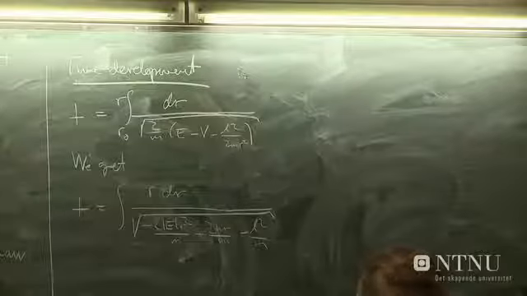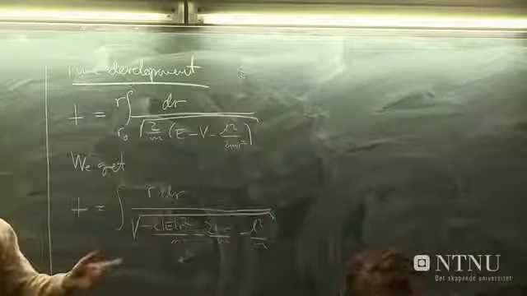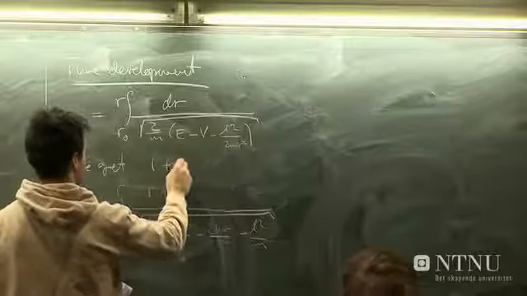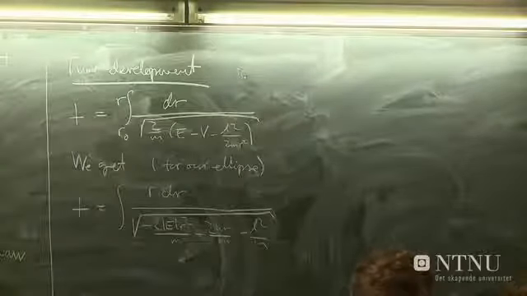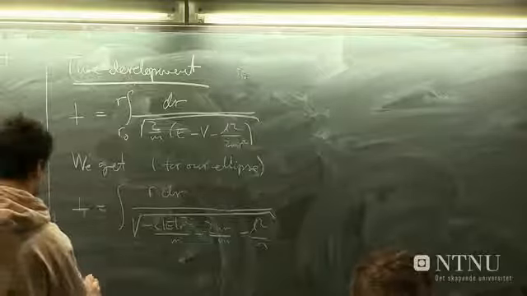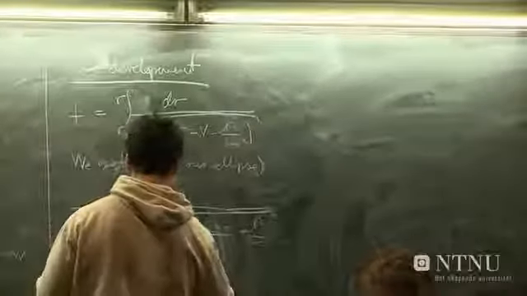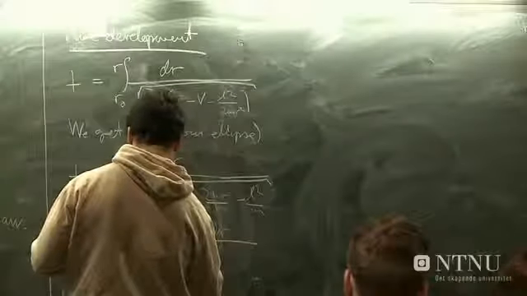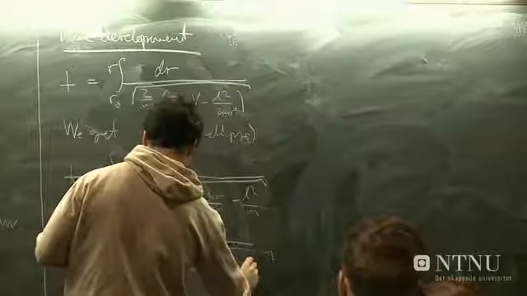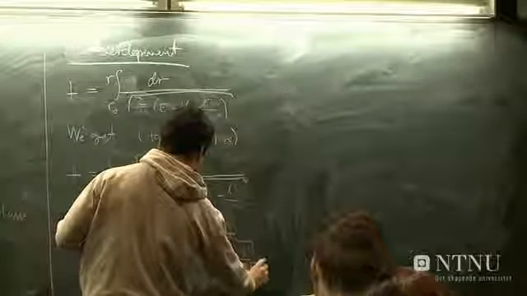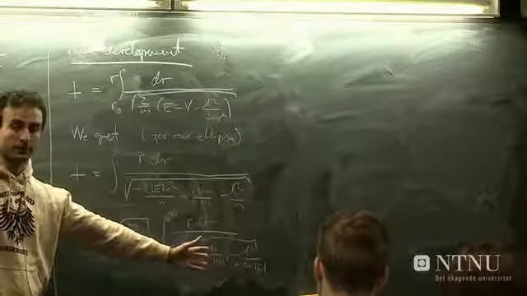For our particular case of an ellipse, in which case we know that the energy is negative, I replaced E with minus the absolute value of E. And I can extract this constant outside of the integral to be left with this.